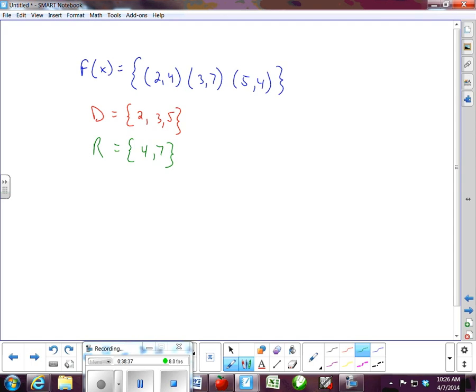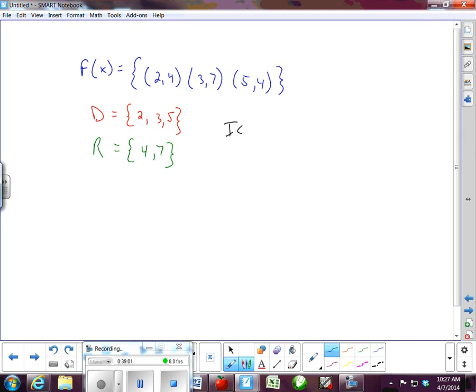All right, so here's the question. Is this relation also a function, or is it just a relation? Yes or no? Hopefully you said this.